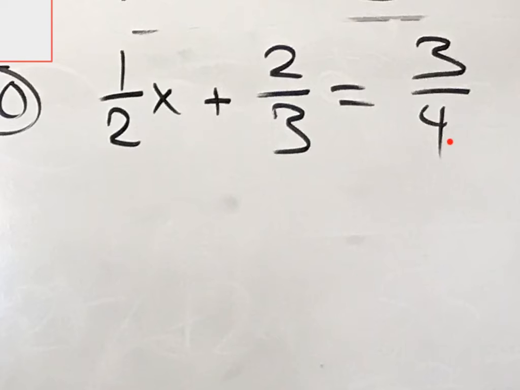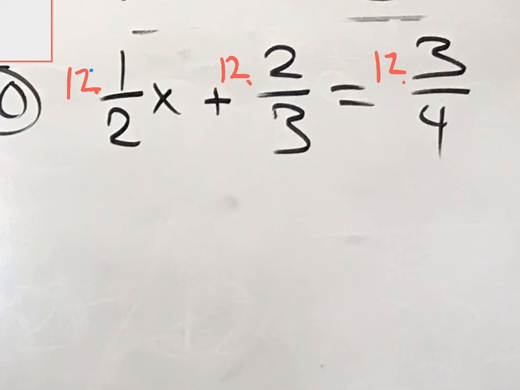So 4 times 3 is 12. 12 is divisible by 2, 12 is divisible by 3, and 12 is divisible by 4. So your LCD is 12. Does that make sense? So we're going to multiply everything by 12. It'll get rid of all fractions at the same time.